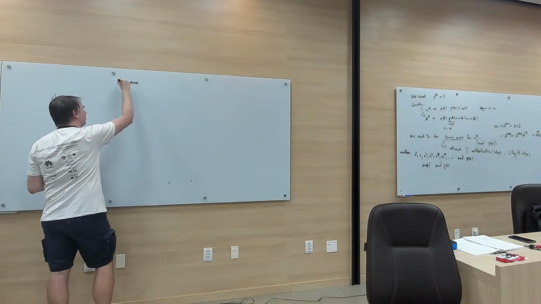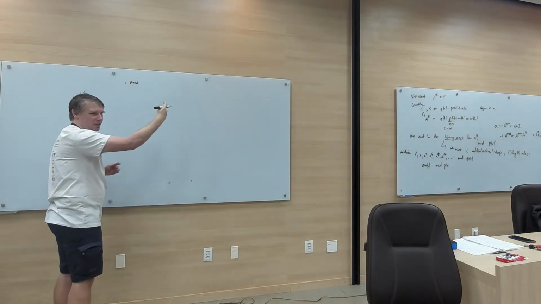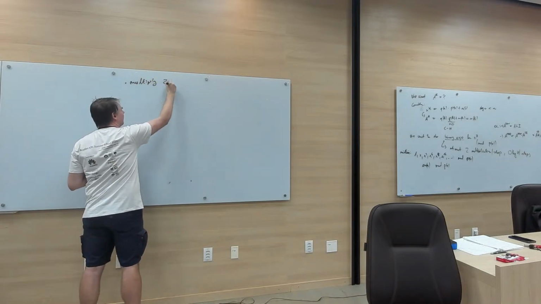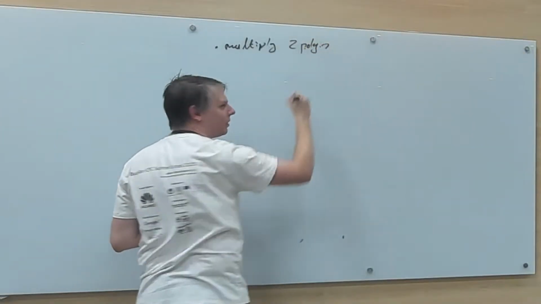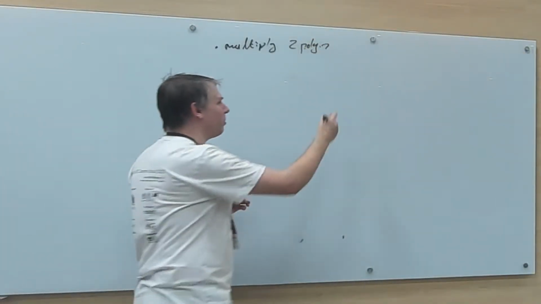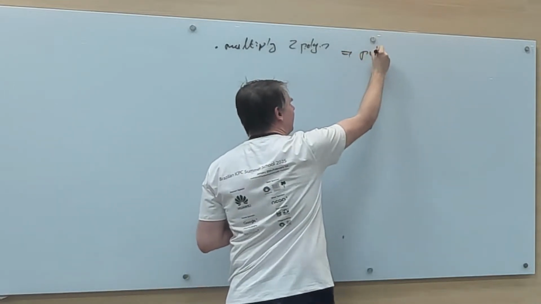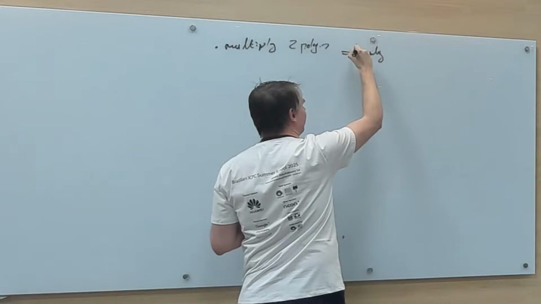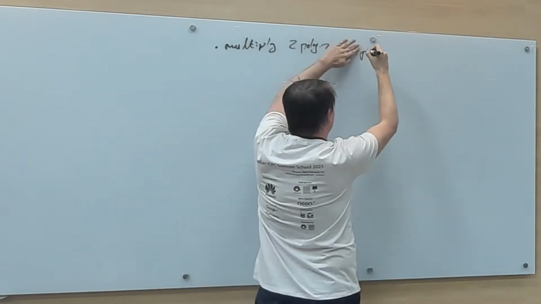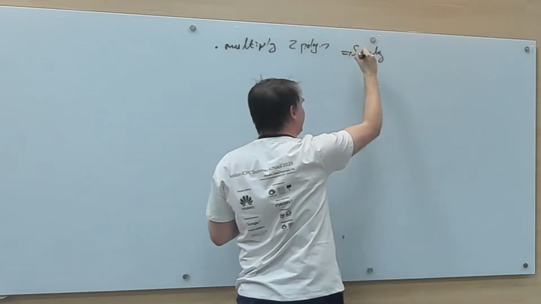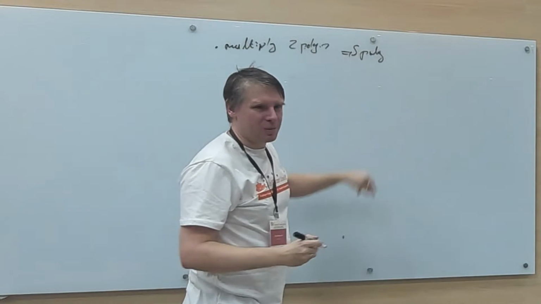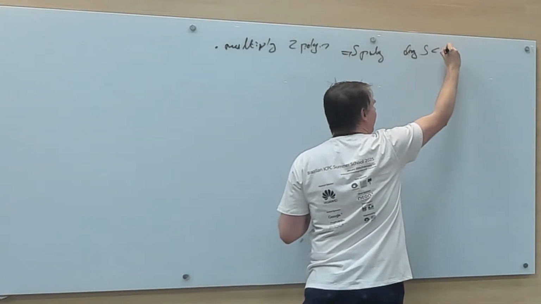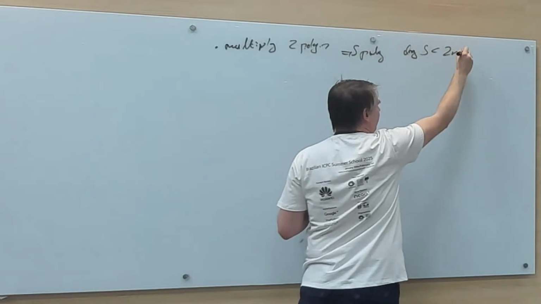So we will do this in two steps, for each multiplication. First, just multiply two polynomials. Then you get a polynomial. Let's call it S, whatever. We get an S polynomial such that the degree is less than 2n.